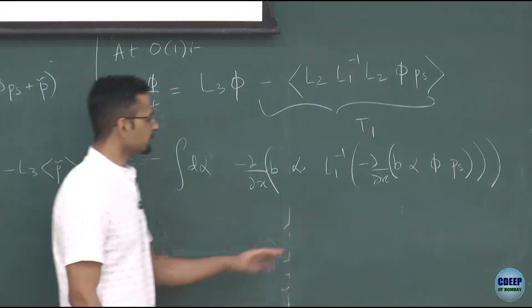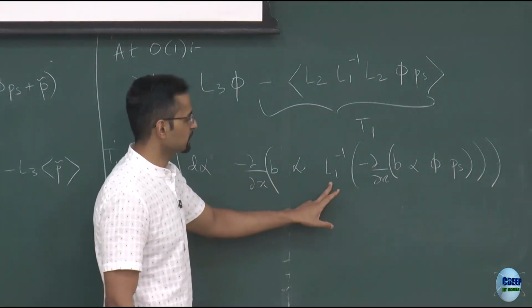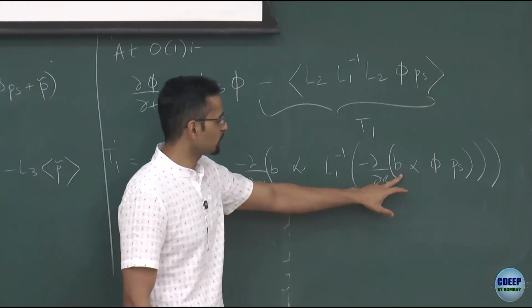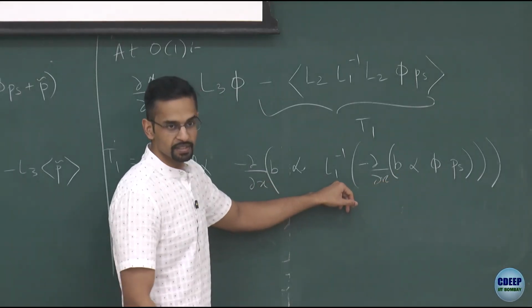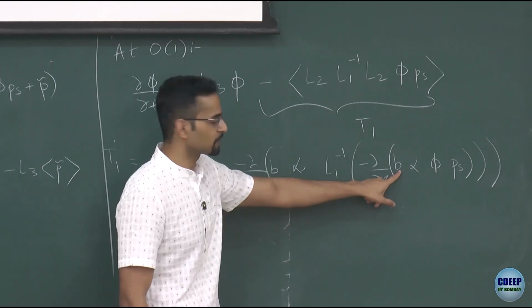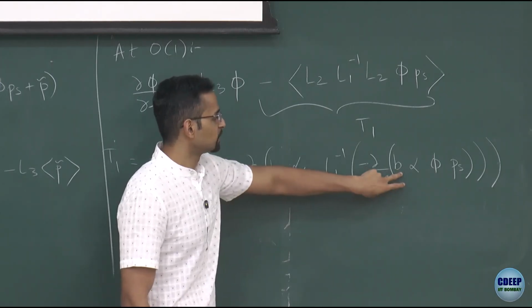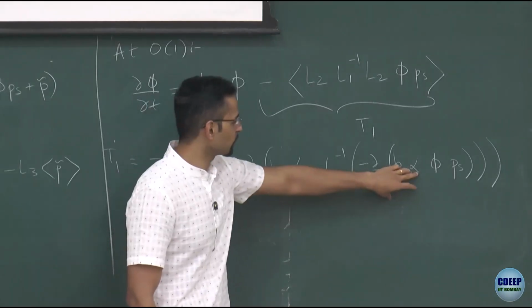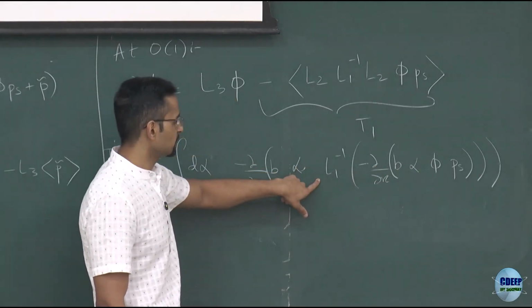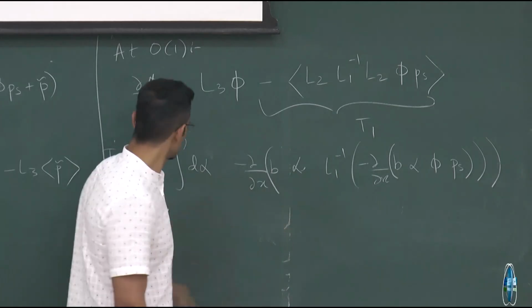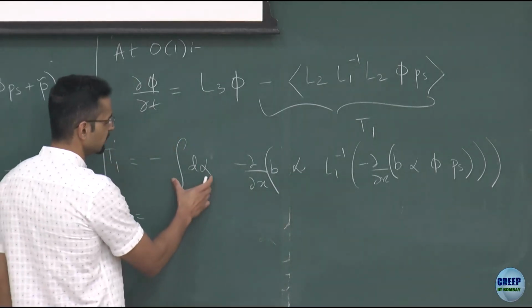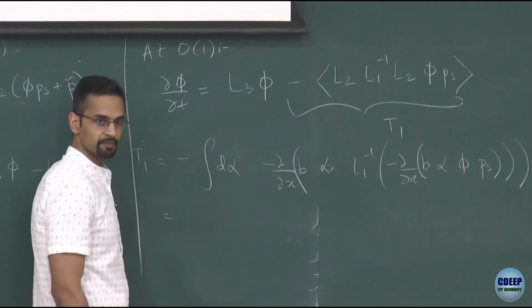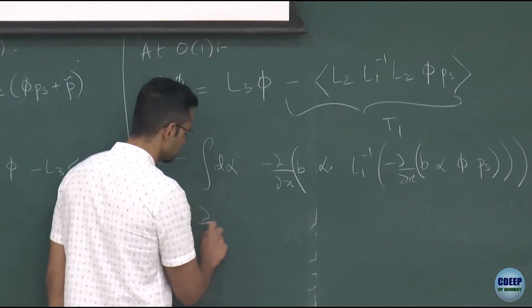So now I can take that d by dx out of this L1 inverse. I can take b out of it also because L1 inverse is some operator only on alpha, and b is a function of only x. So these two, and phi, the function of x, can be pulled out completely from this L1 inverse, and the integral with respect to alpha can be pulled inside. Okay, so finally I'll be able to write it.